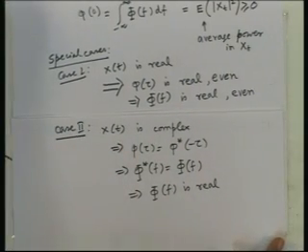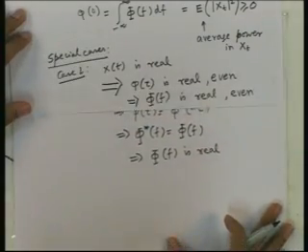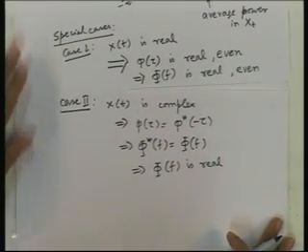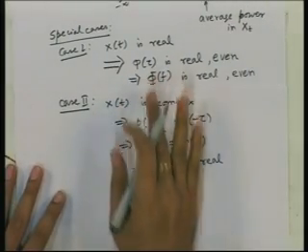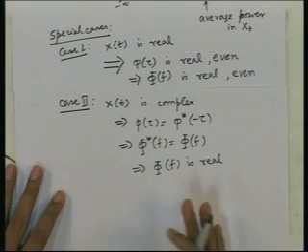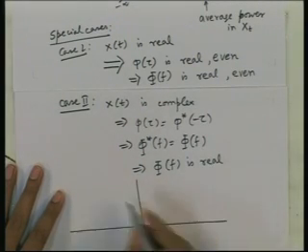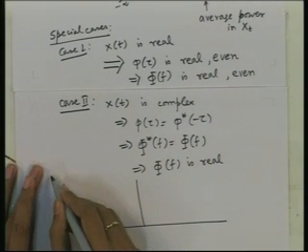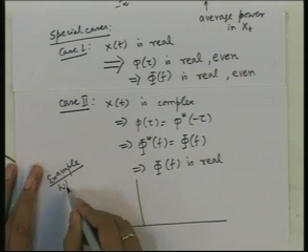Okay. So, we have discussed the power density spectrum, and one very important type of noise that we come across is what is called white noise, where the power spectral density is a flat function.